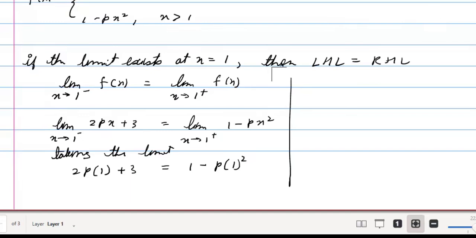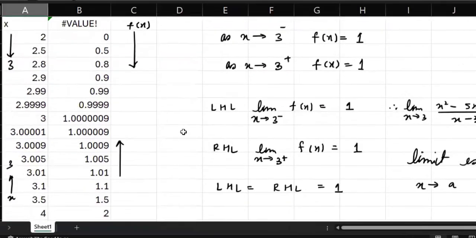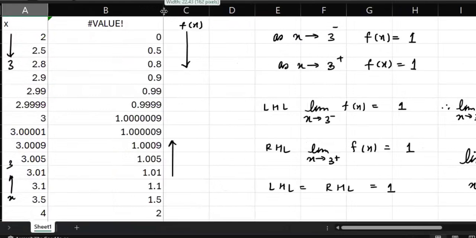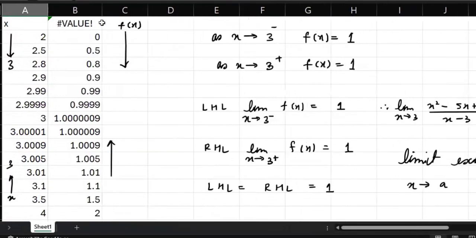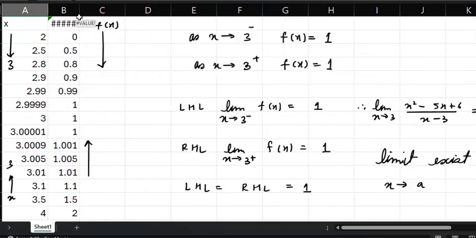So it is like saying you are plugging in a value very, very close to 1. And I showed you in this Excel sheet also, when I took more decimal places, it was not actually 1, but very close to 1. Like in this case, if I reduce the number of decimal places, you can see that it just gives you 1. So that is the logic.